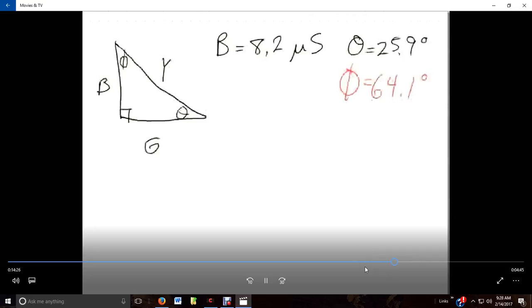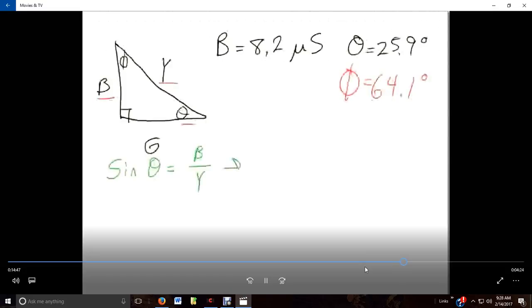Well, we need to find something that ties together the B and the theta, and let's do Y first. In our trig functions, we know that sine of theta is going to be B divided by Y.